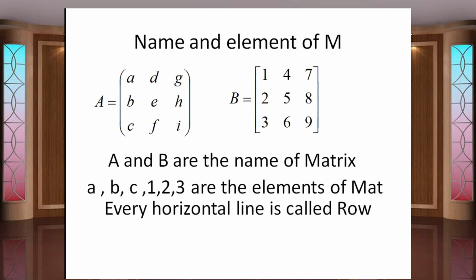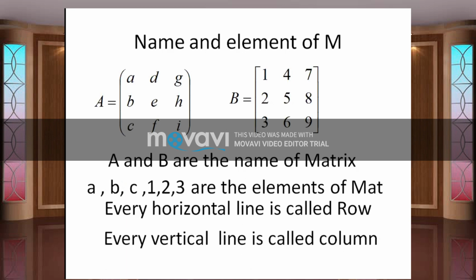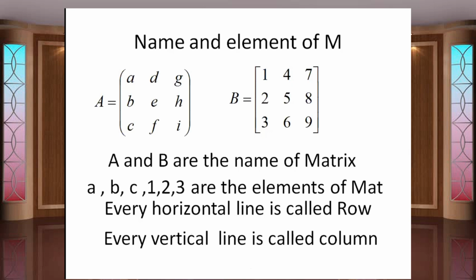Now every horizontal line, for example A D, is called a row of this matrix, and every vertical line is called a column of this matrix. Got it? Every horizontal line like A, D, Z, or B, E, H, or 1, 2, 3 is a row.